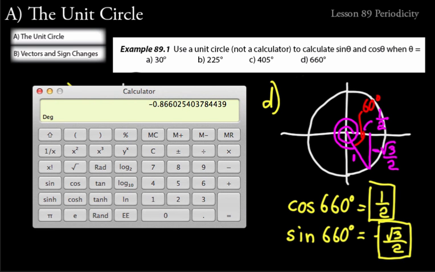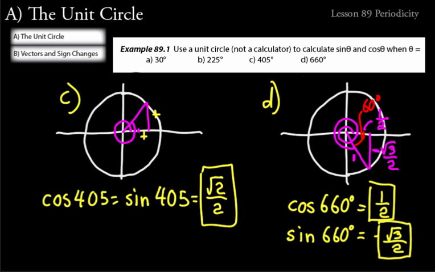And negative 0.866 is not the most accurate way to write that. The most accurate way is minus the square root of 3 over 2. That doesn't have any decimals. We haven't rounded or anything. So that's what we want to do for problems like this in your practice set.